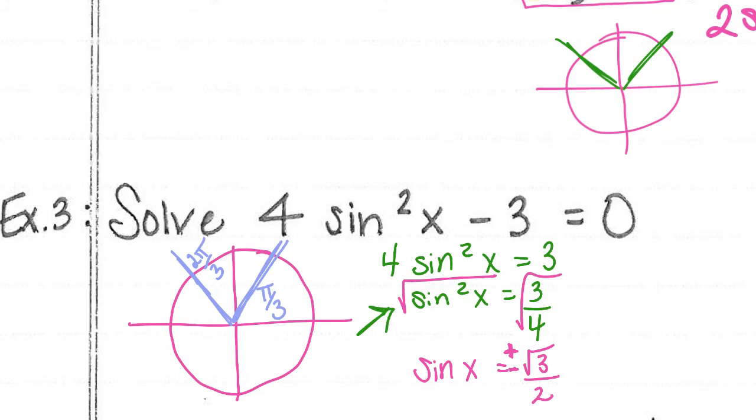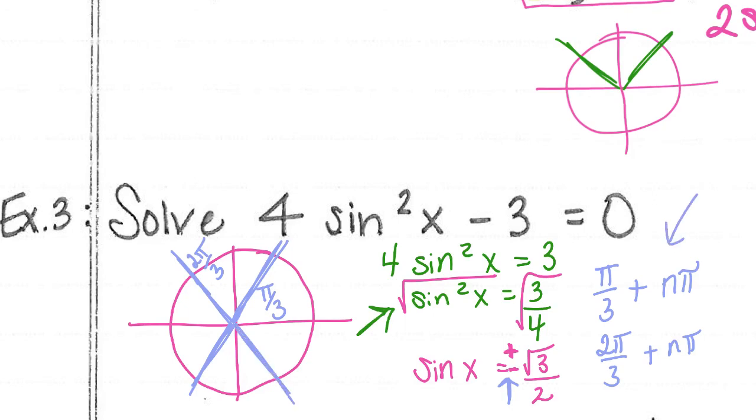Now, the difference with this one is I am going to answer this. This is a big concept because now, because we have this plus or minus, and only because we have that plus or minus, I have to go ahead and show that it's going to hit here and it's going to hit here.